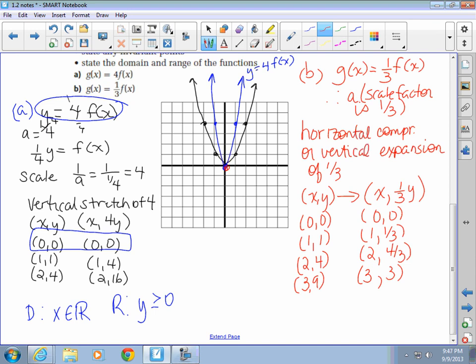So 0, 0, there's my invariant point. 1 and 1/3, so it's just going to be just off of that x-axis. And 2 and 4/3, so that's the same as 1 and 1/3, so 2 over and 1 and 1/3 up. And then 3 and 3. So 1, 2, 3, 1, 2, 3.